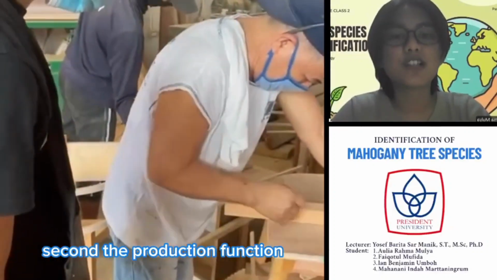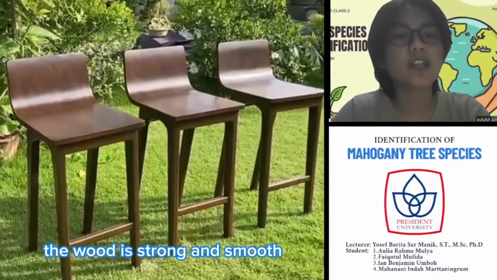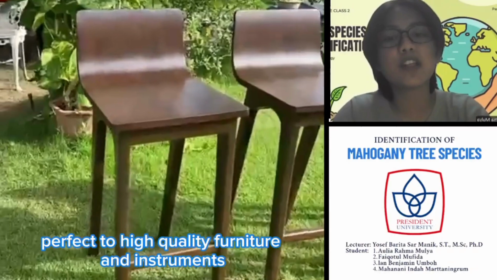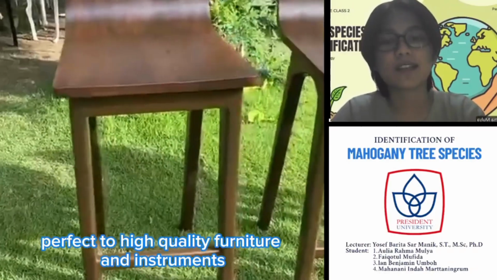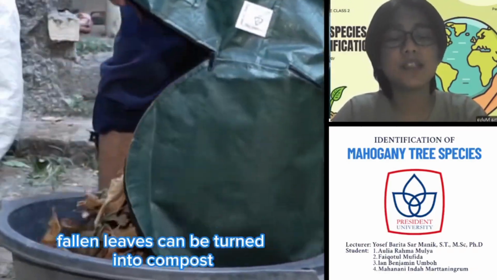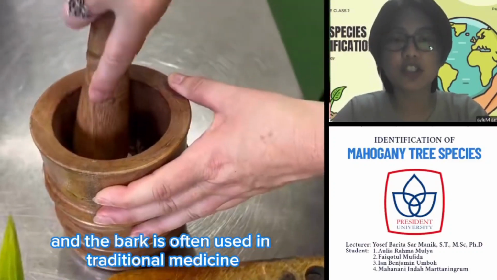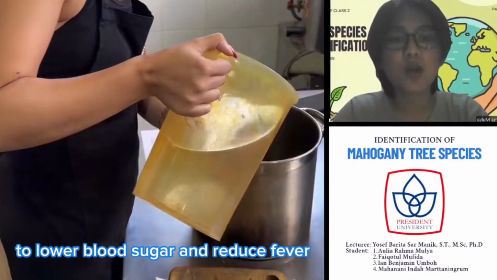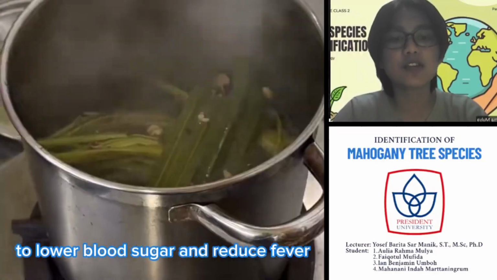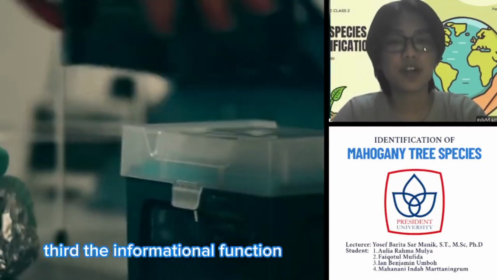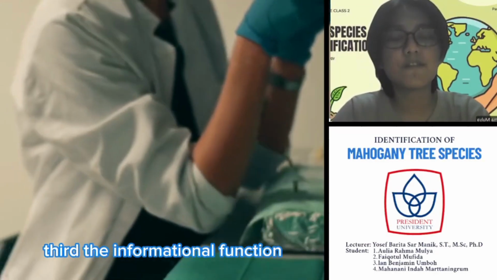Second, the production function. The wood is strong and smooth, perfect for high-quality furniture and instruments. Fallen leaves can be turned into compost, and the bark is often used in traditional medicine to lower blood sugar and reduce fever. Third, the informational function.